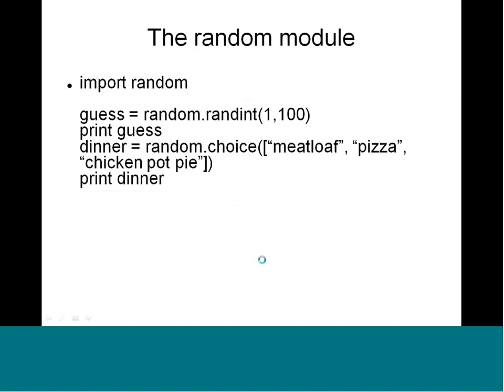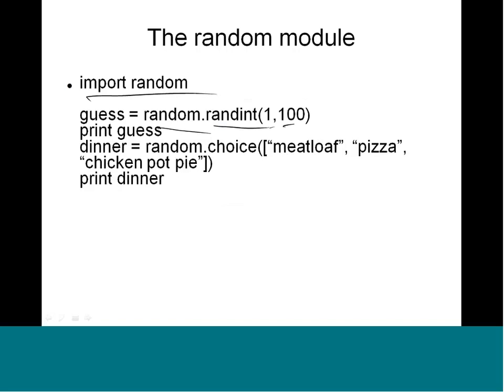Now there is another module called random. So random can also be imported. We import random, and then we say random.randint between 1 and 100.